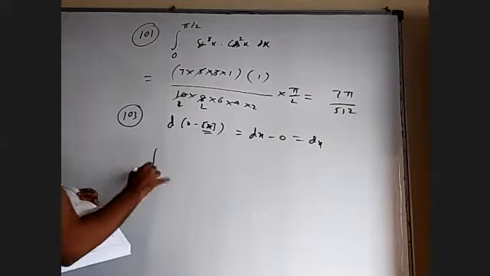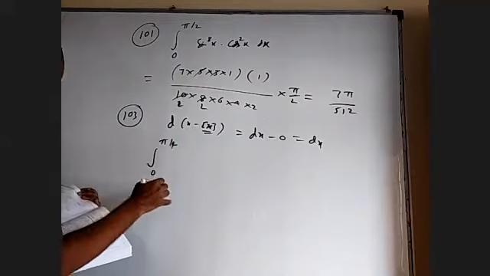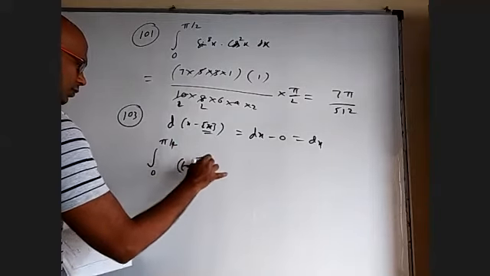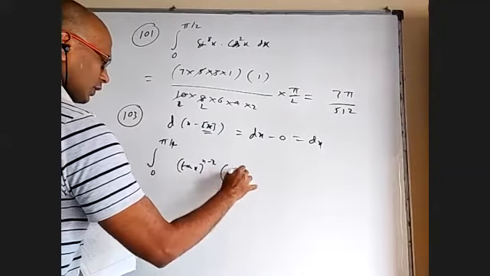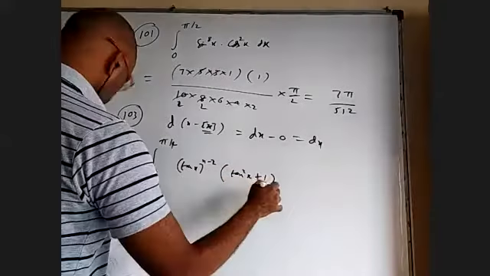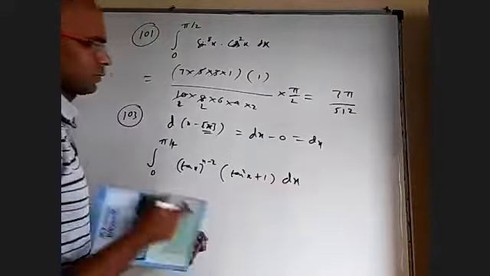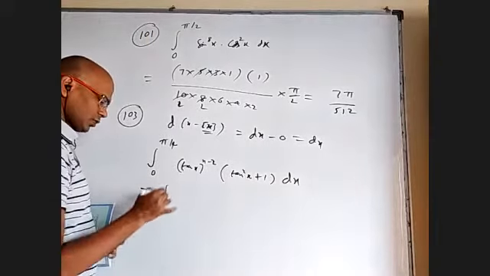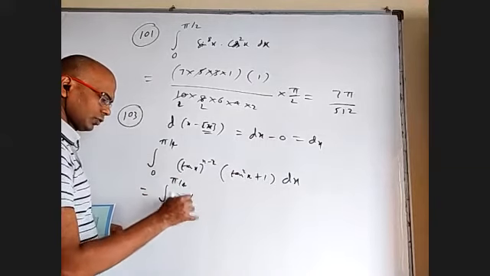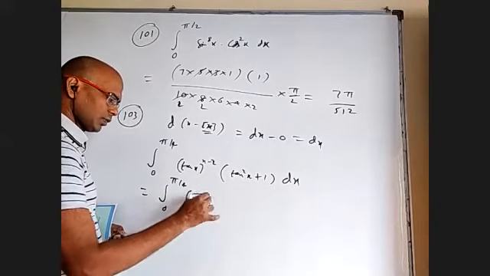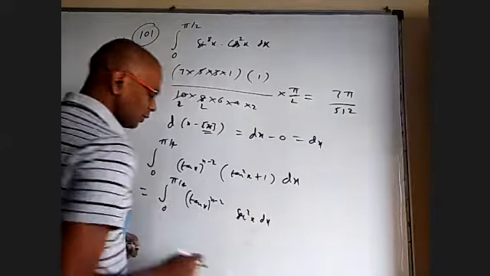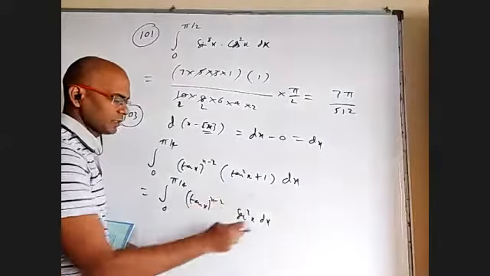It is 0 to pi by 4. If I take tan x power n minus 2 common, I'll get tan square x plus 1 into dx. 1 plus tan square x is secant square x. So if I take tan x as t, this will be dt.